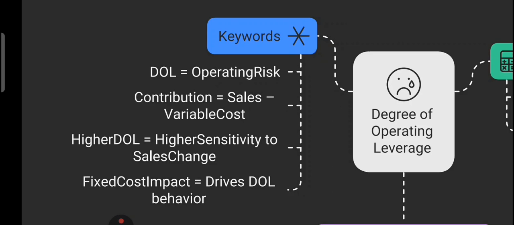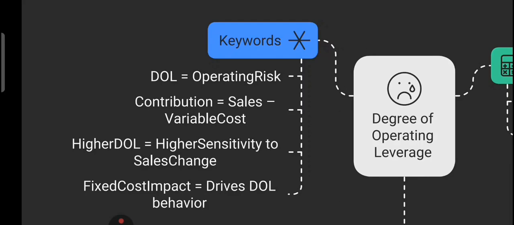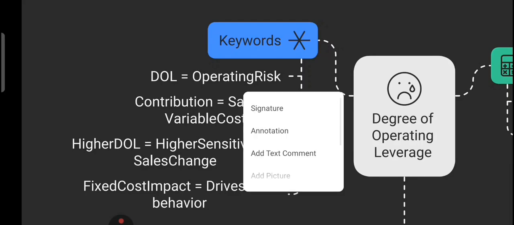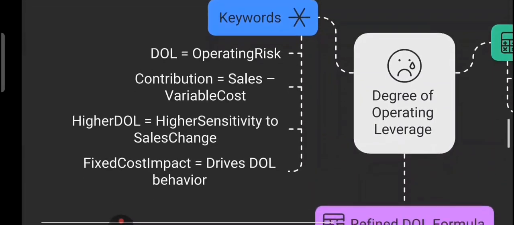There are some key formulas which we must keep in our mind. The first thing is contribution. I already told you that it is nothing but sales minus variable cost. Then DOL always reflects the operating risk. And then we have the fixed cost. What is the meaning of fixed cost? Fixed cost is the main driver.